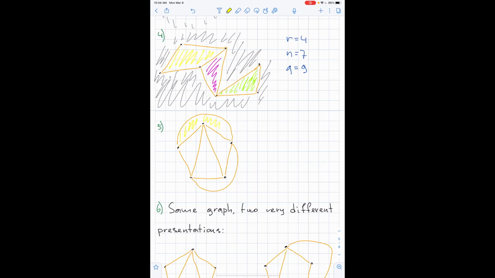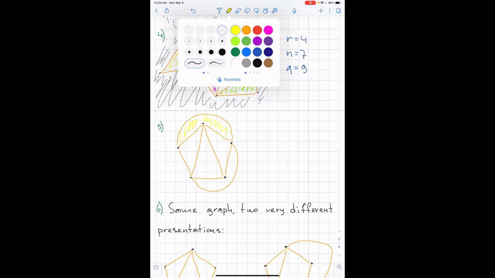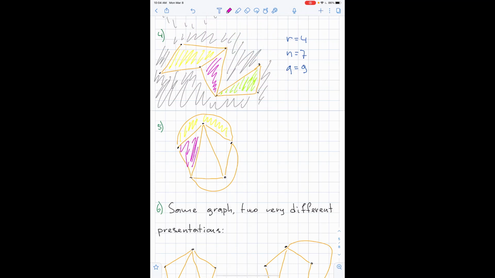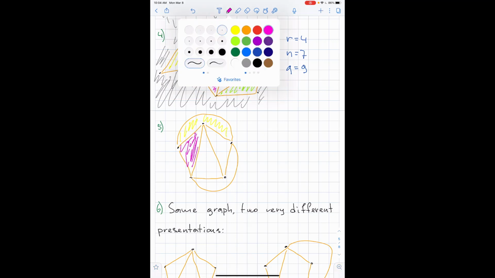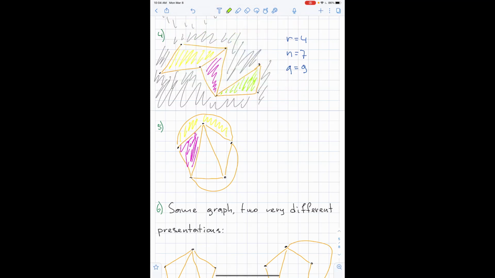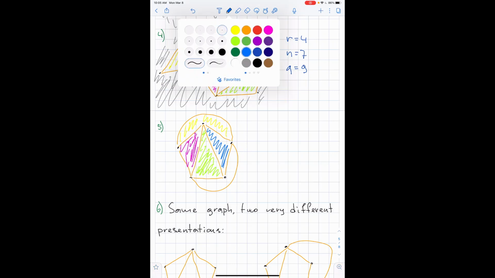So we have this region, then we have say this region, this triangle, we have this region, we have say this region, and then we have, I don't know which color I want to use. Let's say this.